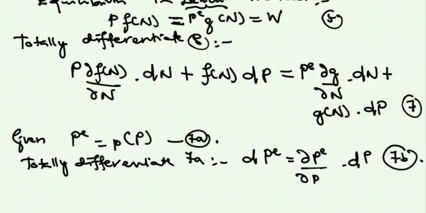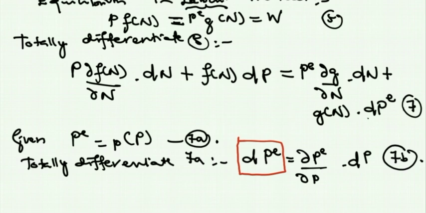Now, what do we need to do with 7B? Look at this. This can actually be seen in 7, but I made a mistake here, let me show you. This one is supposed to be dPE. Can you see in 7 dPE?